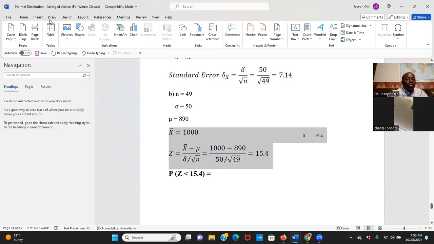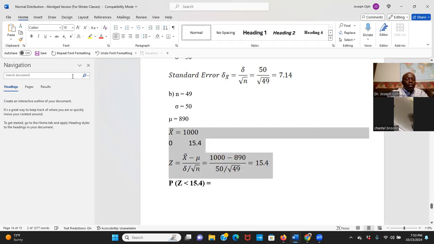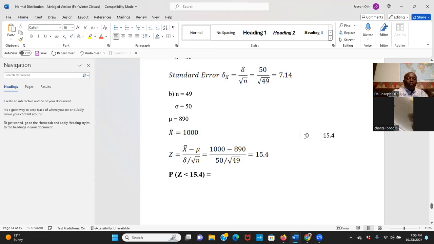I'll make it 16 then, and move it backward. Now I can put my chart. Remember, this is 15.4.